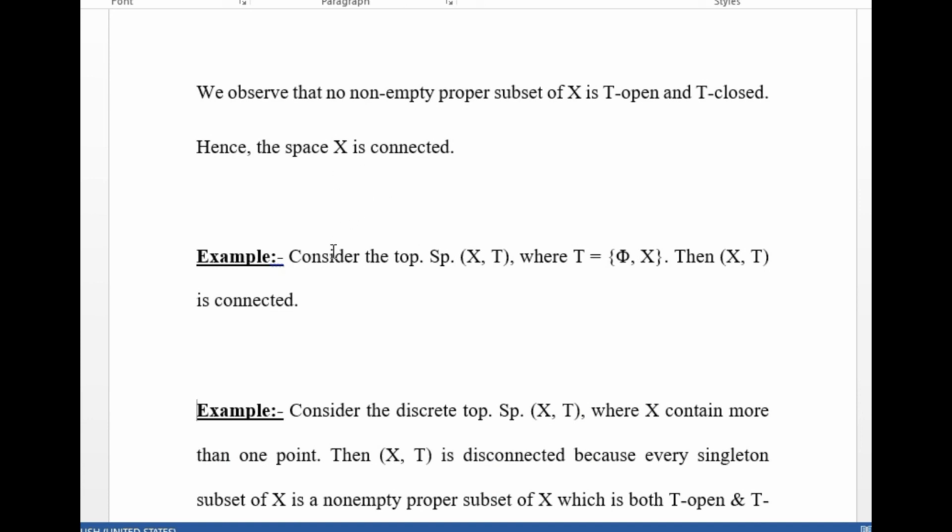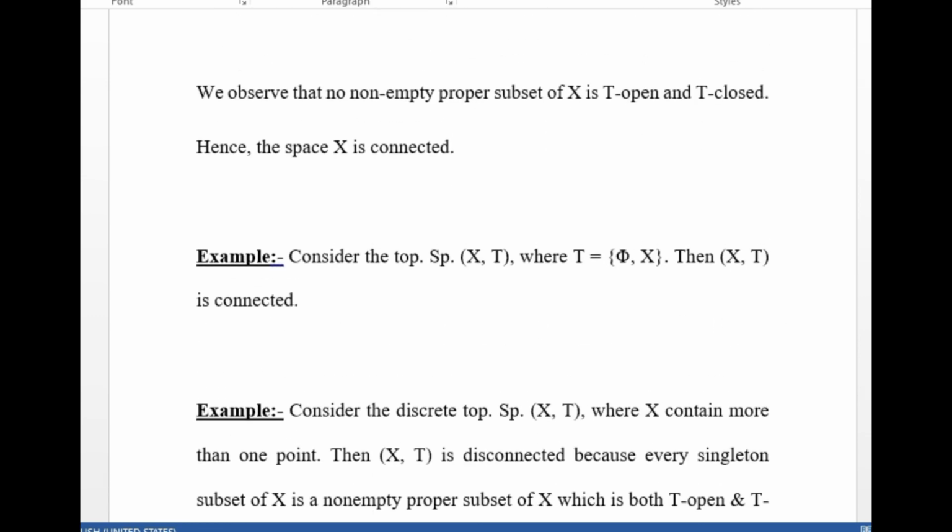Clear? Consider the topological space (X, T) where T is {phi, X}, then (X, T) is connected because no other subset of this topology exists. So this will be trivially a connected space.